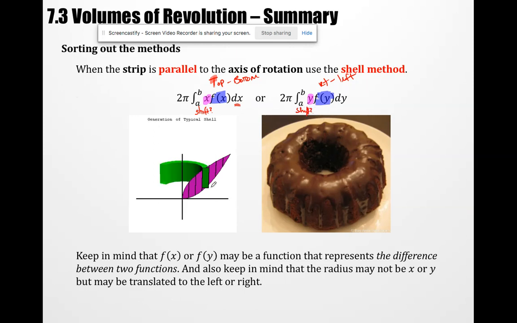For example, for this example right here, the height of my strip would be the top of this function minus the bottom of this function. I would have no shift because my axis of rotation, the radius of my cylinder would just be from here out.